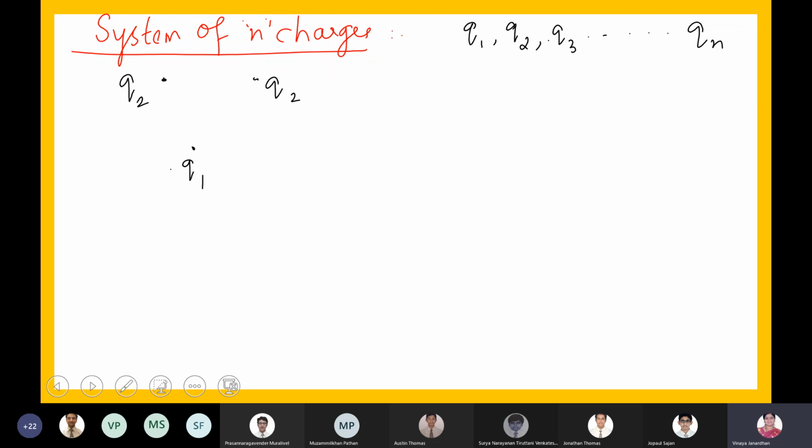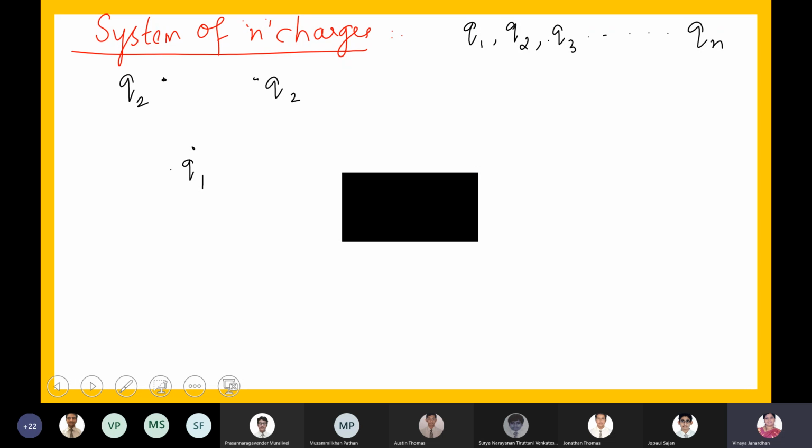Boys, one second. You keep your printout ready. It's not for the physics practical, but anytime the board can ask. Keep it ready. Sorry, boys.